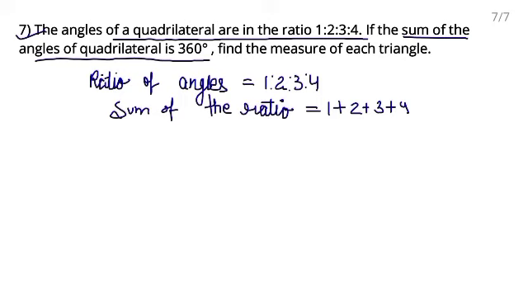It means 4 + 3 is 7, + 2 is 9, + 1 is 10. The sum is 10. Now how much will the first angle be?